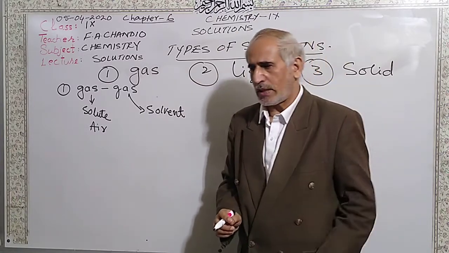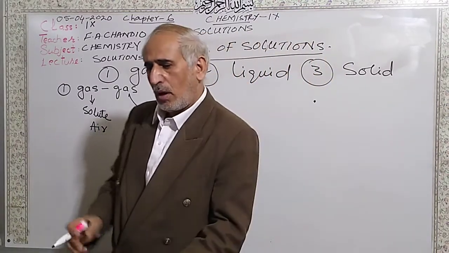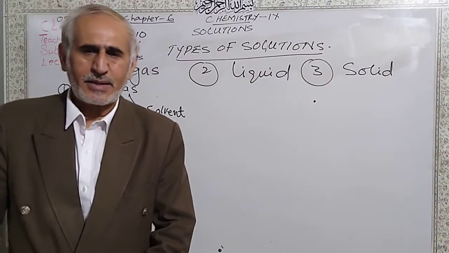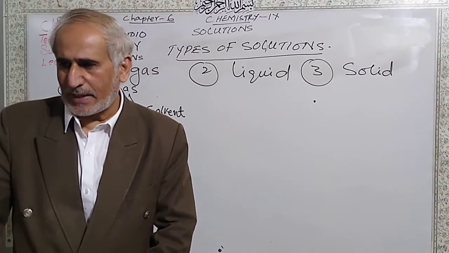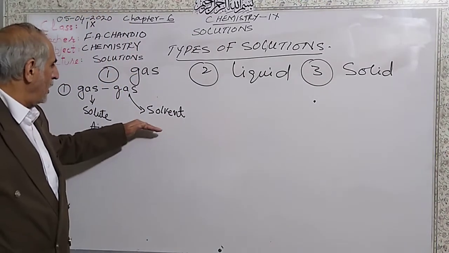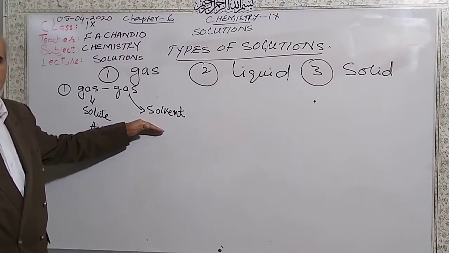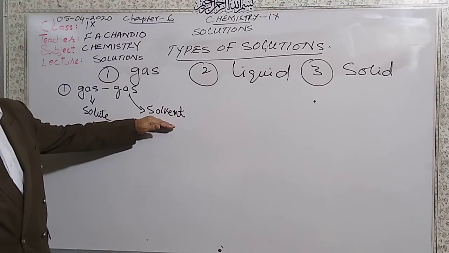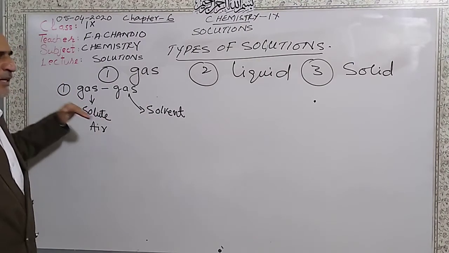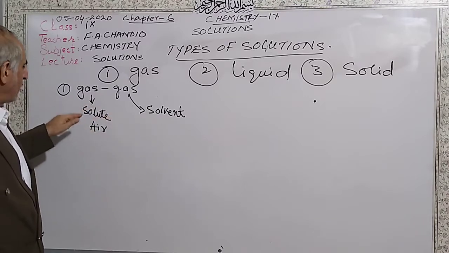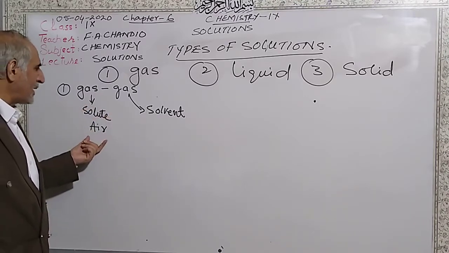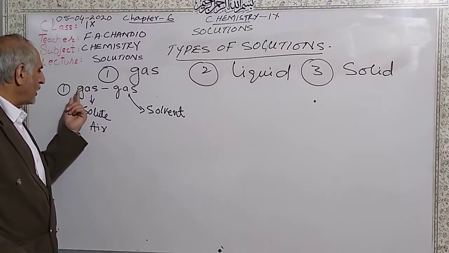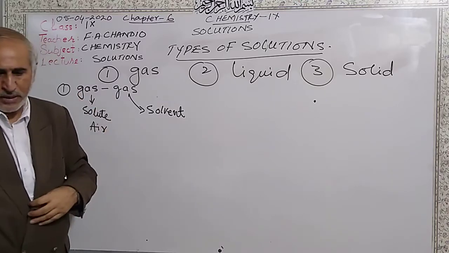There are also other gases, carbon dioxide, and inert gases. There are many other gases, but the main constituents are nitrogen, which acts as solvent with 78%, and oxygen gas, 21%, which makes the solute. So air is the best example for gas in gas.